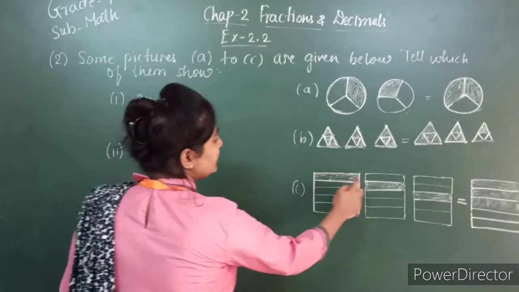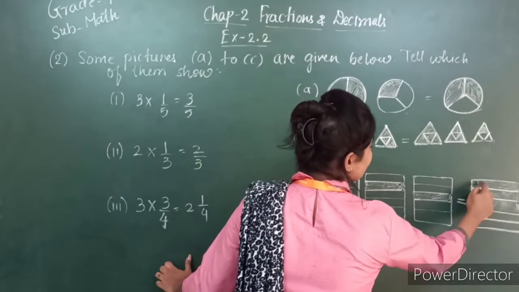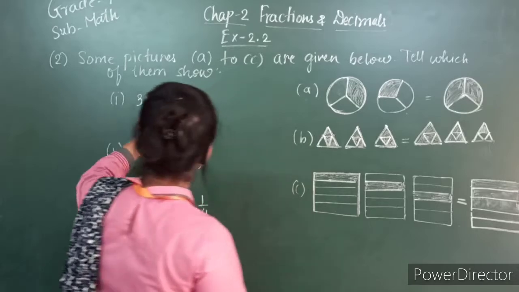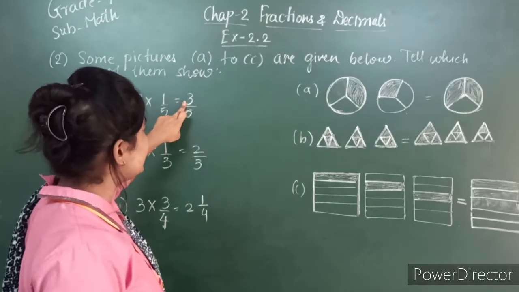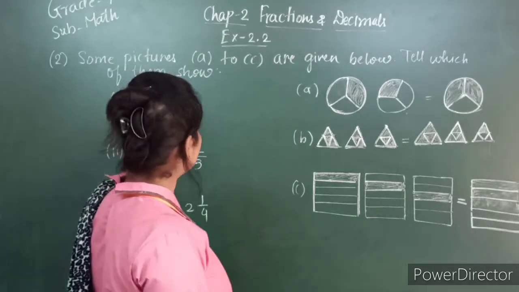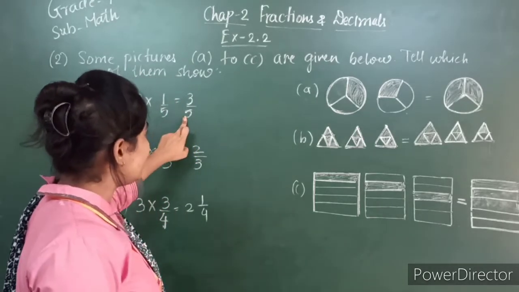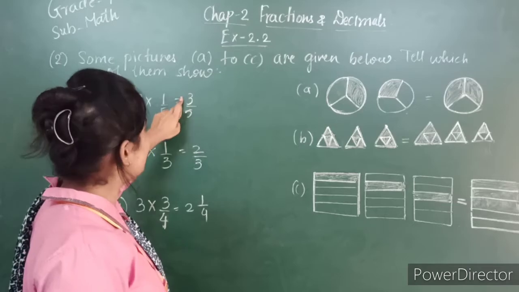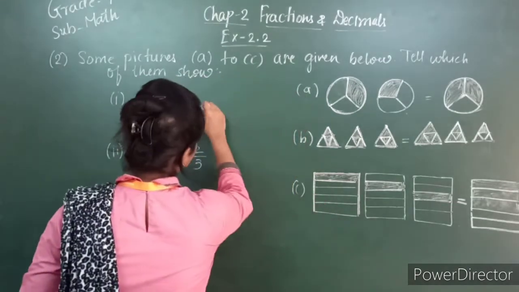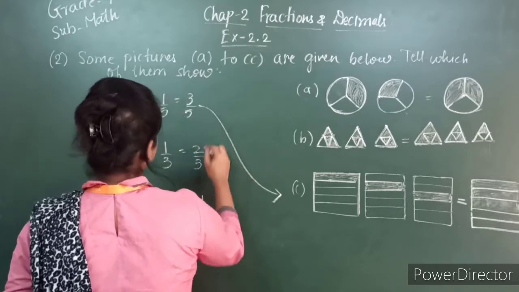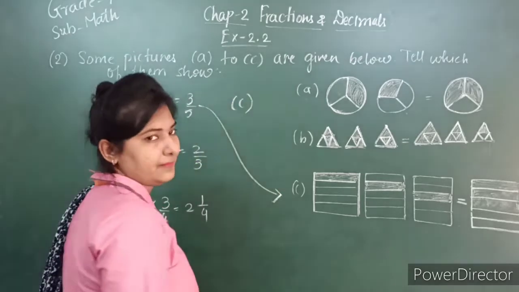So total 1, 2 and 3. So here total 3 pictures are. So this 3 shows that in the numerator 3 is there. So out of 5 parts 3 portions are shaded. So the answer of this first number is C.